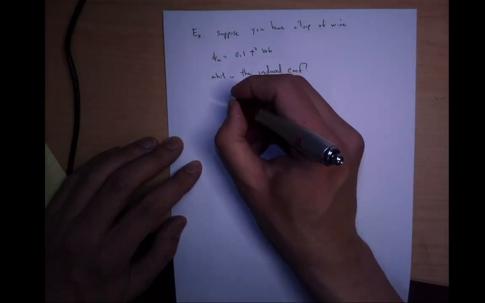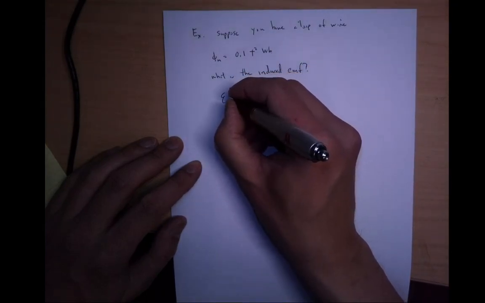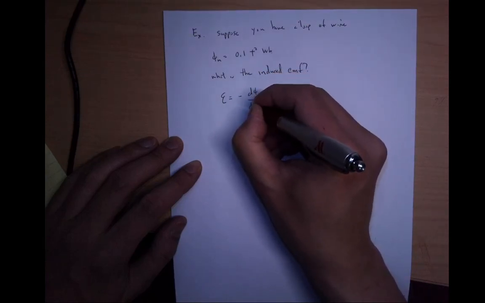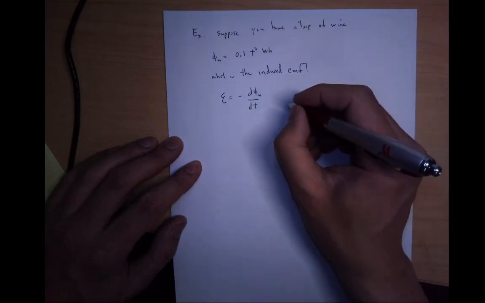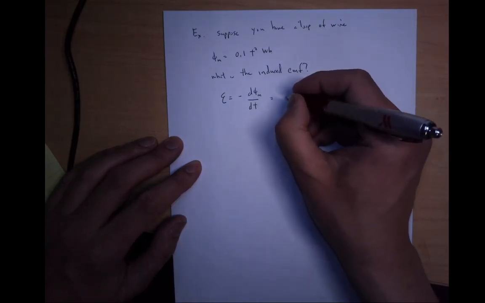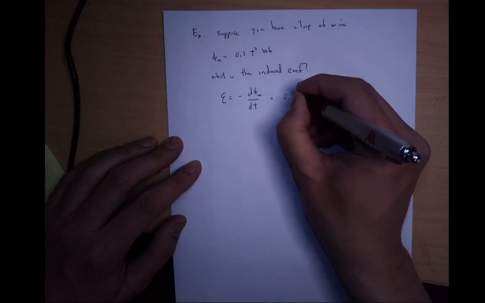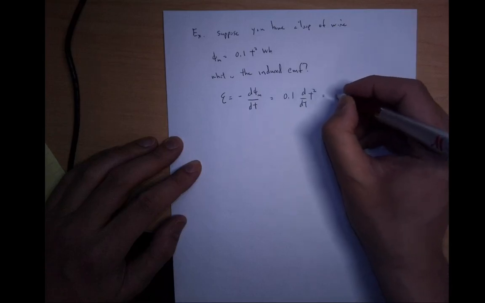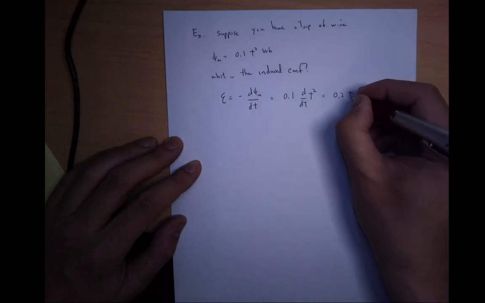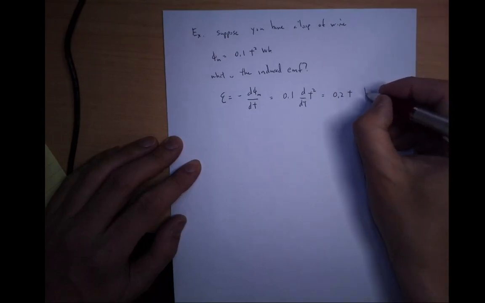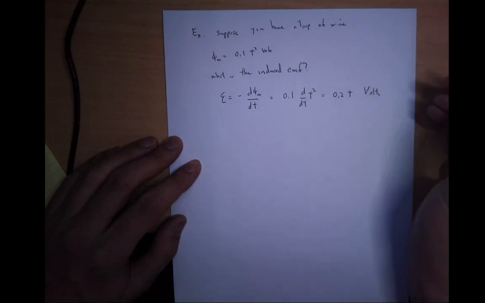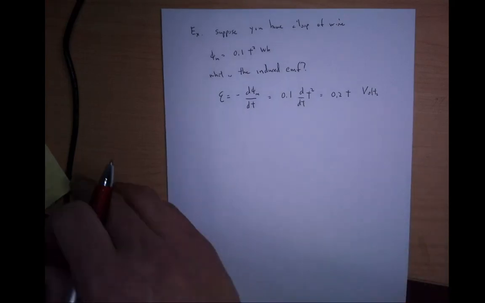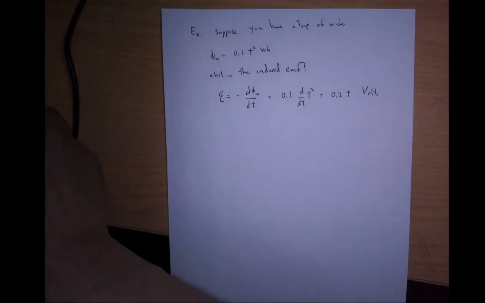All right, so that would simply be epsilon equals minus d phi sub m dt, all right, which is going to be equal to 0.1 d by dt of t squared, which is 0.2 t, and let's put on the right units, volts. All right, I'll write that thing down so you don't get confused. All right, so that is our starting point.